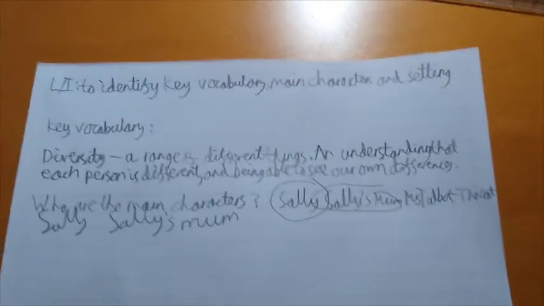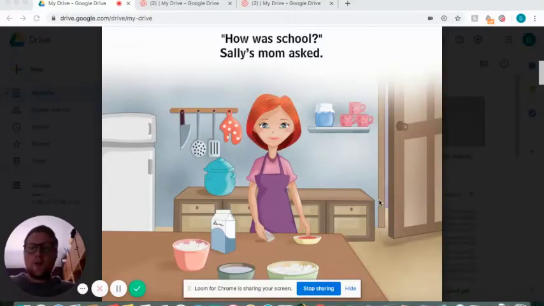So next we're going to have a look at setting. What we're going to do when we look for setting is look at the background in the picture. So we can see here there's a table, there's some drawers, there's some mugs which are in the front cover, oven gloves, spatula which were also in the front cover, also a special type of spoon that you use for cooking, and the kitchen knife, and also a fridge.